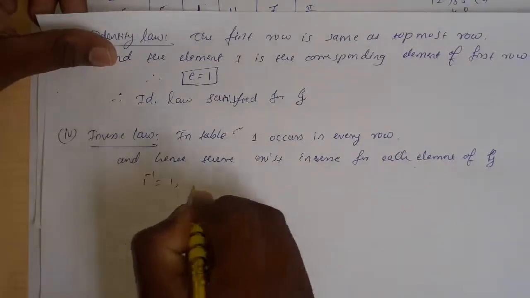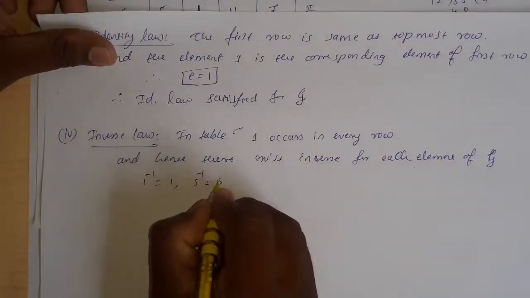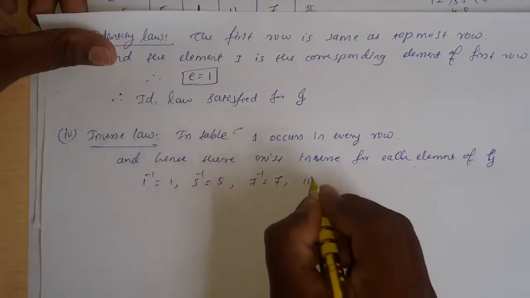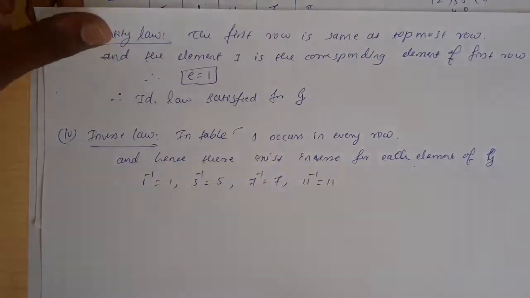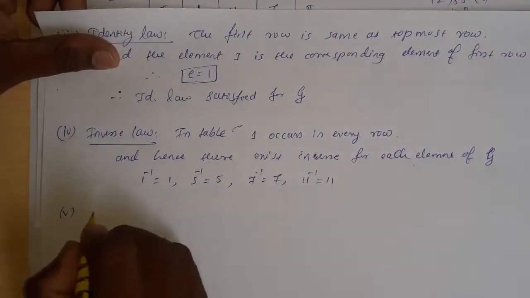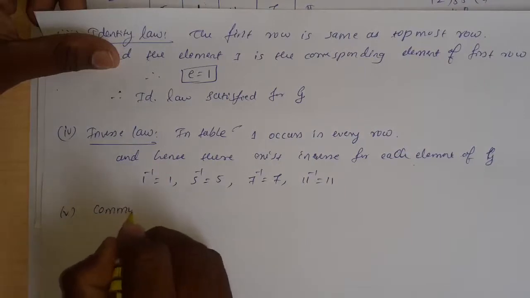Inverse of 1 is 1, inverse of 5 is 5, inverse of 7 is 7, inverse of 11 is 11, and the fifth one is the commutative law.